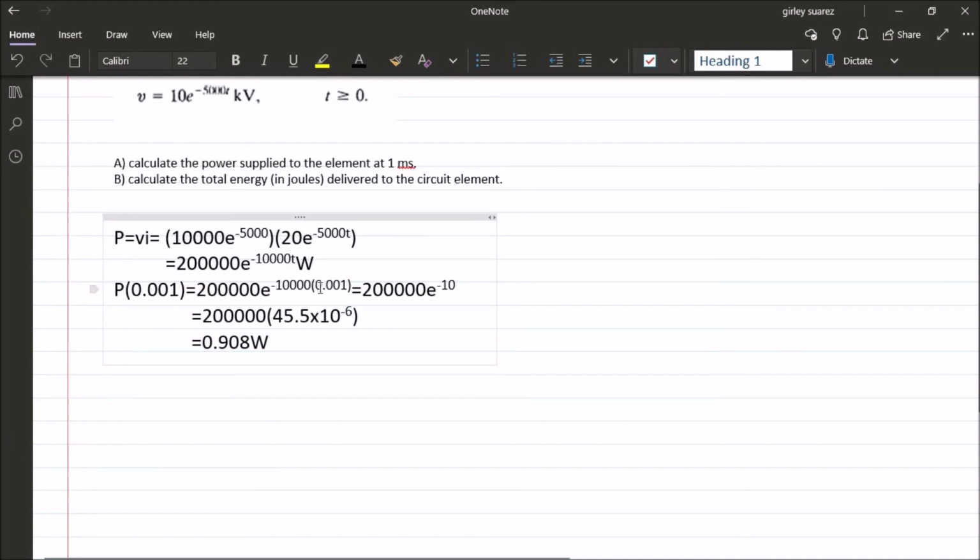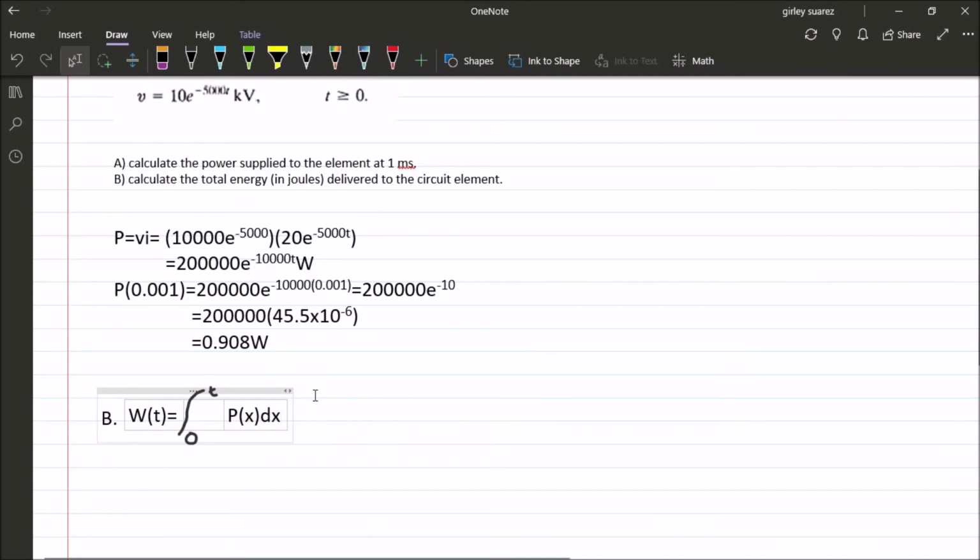We use the same approach as with voltage and current. We derive from the formula for power, where power is equal to the differential of energy over time, and from this derivation we find energy.